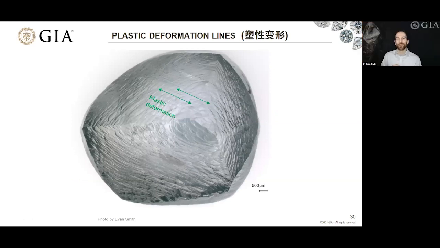Here is a rounded dodecahedron. The surface is covered in elongate bumps called hillocks. But we can also see some sharp lines cutting through these features.